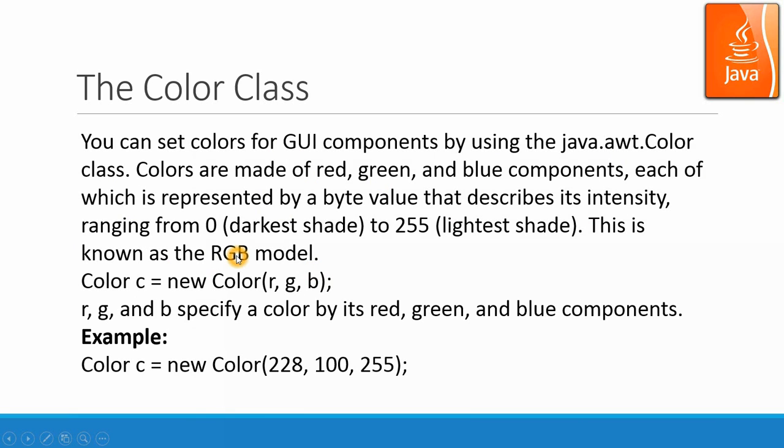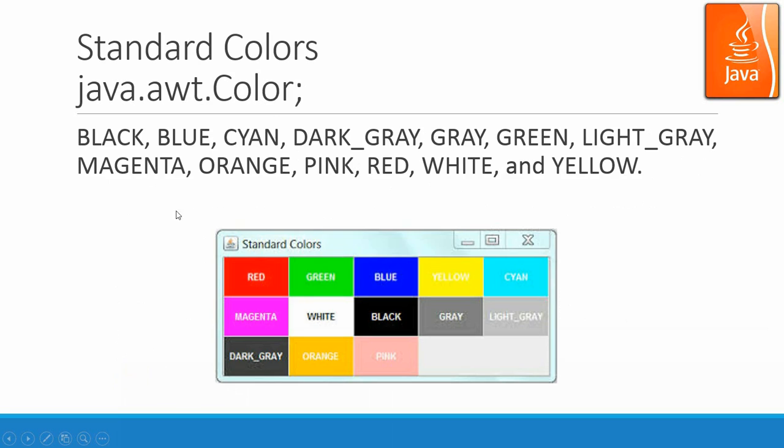In fact, Swing and AWT also accept RGBA, with A as alpha, the 4-tuple model, and alpha is for the transparency or opacity of the color. So when you create a color 228, 100, 255, red will be 228, green will be 100, blue will be 255, you create a new color and assign it to c.